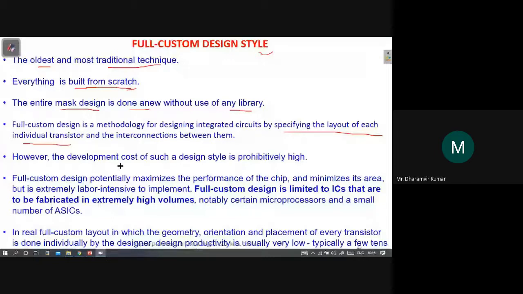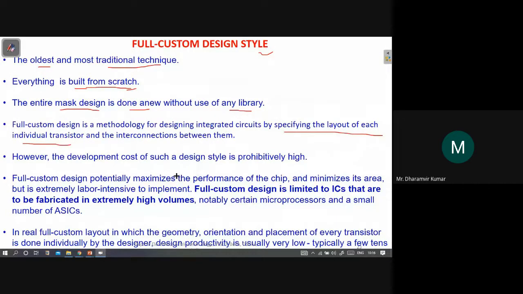But what is the advantage? What is the benefit? The benefit is that since everything is built from scratch, it gives you the highest possible performance of the chip. The chip that comes out from this process would be performing at its highest level among all the different VLSI design approaches that are there.